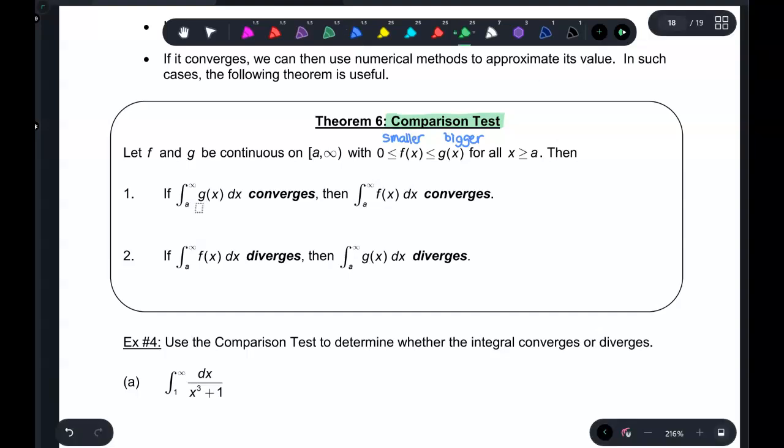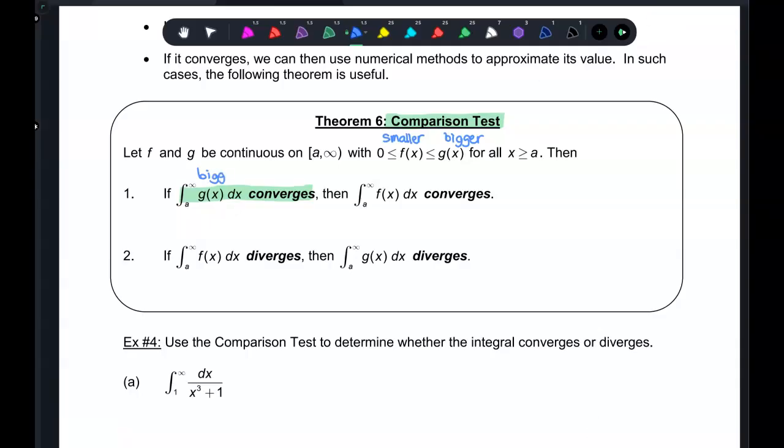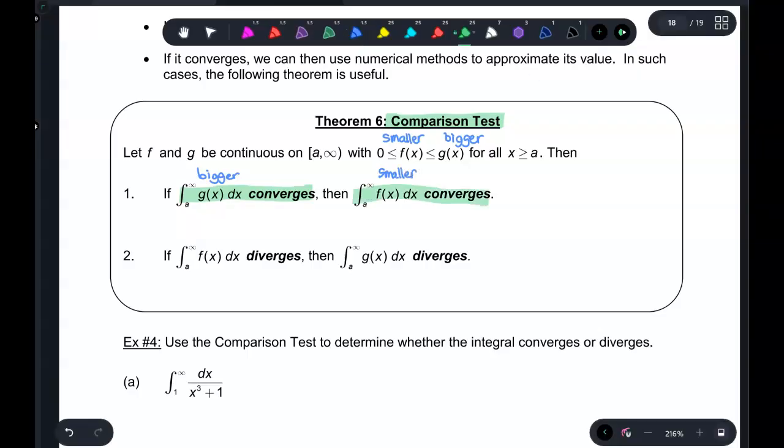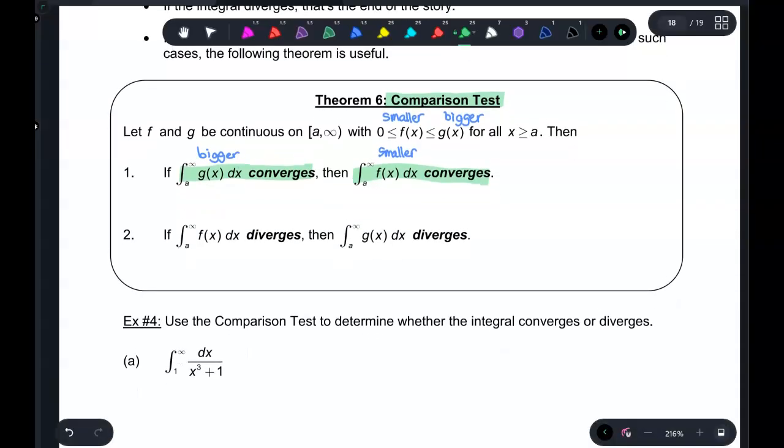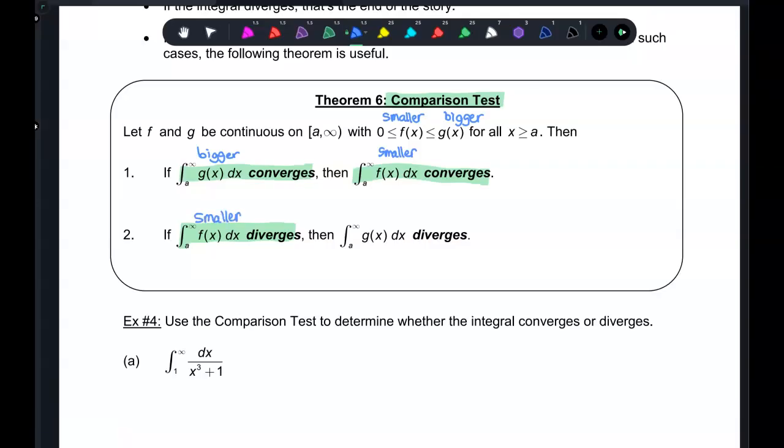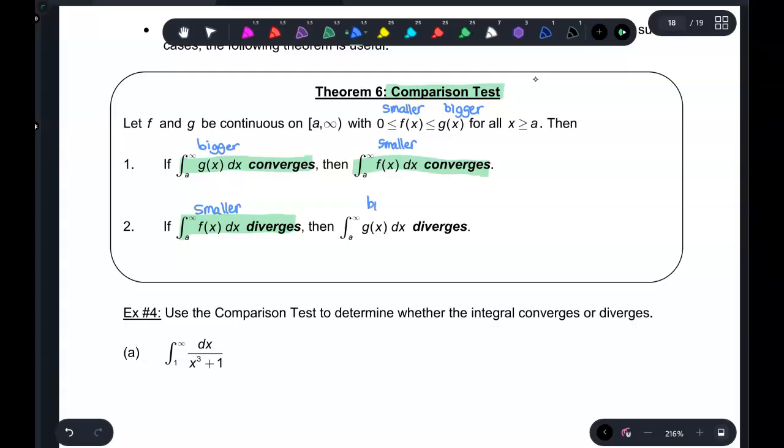If the bigger one converges, then the smaller one converges. And we'll get to the point where you'll be able to really guess which ones converge or diverge, but that's also something we'll learn in chapter 10. Then if the smaller one diverges, then the bigger one diverges.